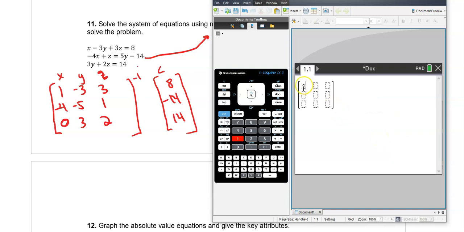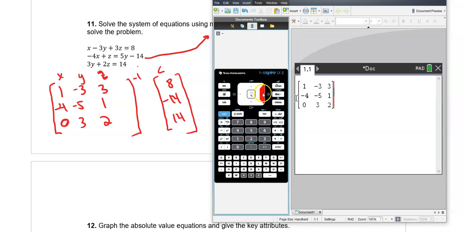And so we just type in our matrix. 1, -3, 3, -4, -5, 1, 0, 3, 2. And then arrow over and leave the matrix, and you'll be right to the outside of it.